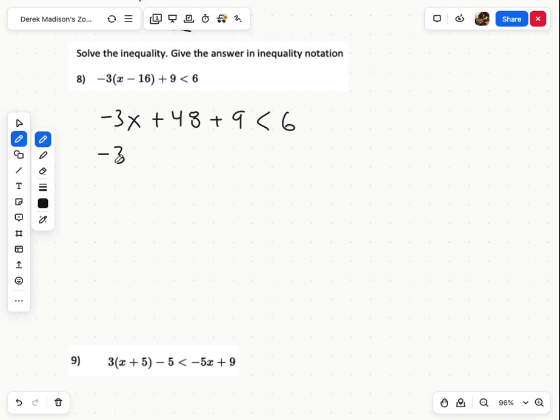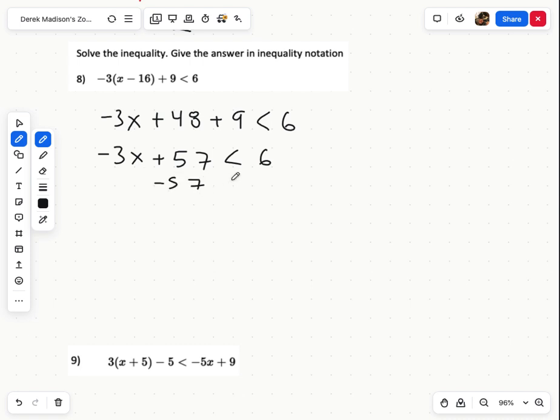I really strongly encourage you to collect terms before you start moving stuff around, same as in the first chapter. And the reason is that's just kind of where everyone makes the errors, is when they're moving stuff back and forth. So it's better to go with your 48 plus 9, get that simplified down as much as you can before you start moving things around on either side of the inequality.